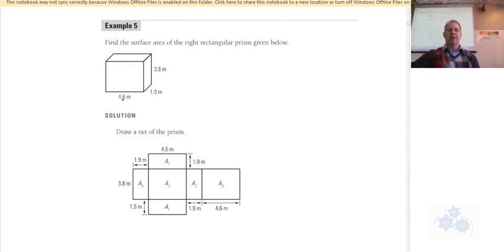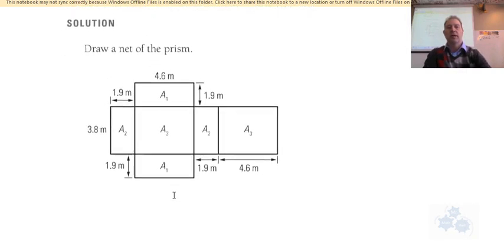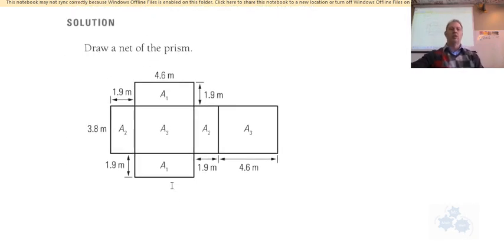If we had a rectangular prism like this, and we were asked to find the surface area, the net diagrams are very, very helpful in helping us organize ourselves. So this rectangular prism, if you were to draw the net, it would look just like this down here. I'll zoom in on this a little bit so that you can see: here's the bottom, here's the top.